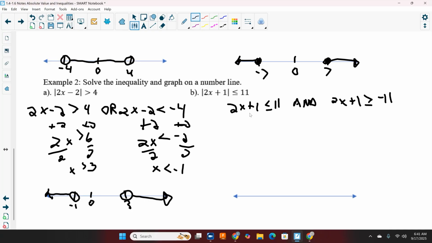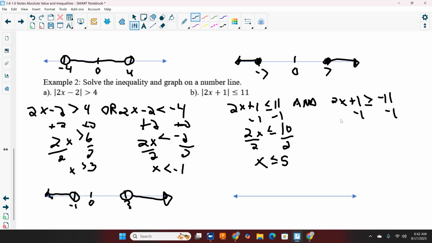Solve the inequality. We're going to subtract 1. 2x is less than or equal to 10. Divide by 2 on both sides. X is less than or equal to 5. Subtract 1 on the other one.